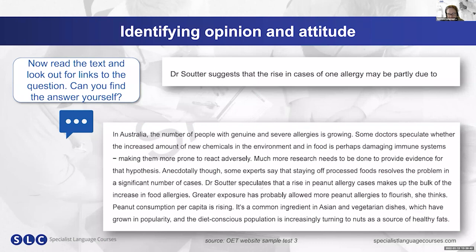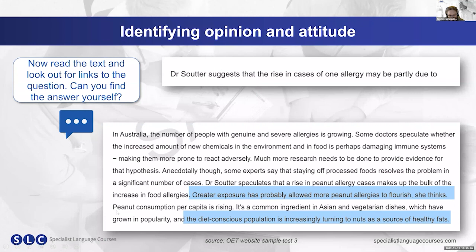So yes, so he says, the rise in peanut allergy, so greater exposure has probably allowed more peanut allergies to flourish, she thinks. So she thinks being exposed to more nuts has allowed more allergies to flourish.